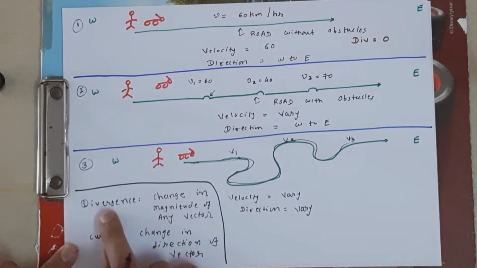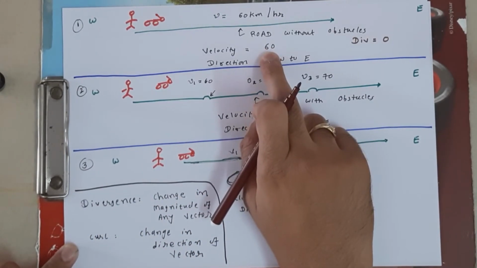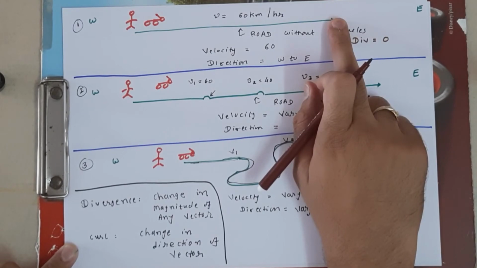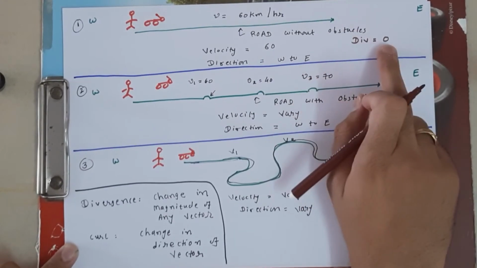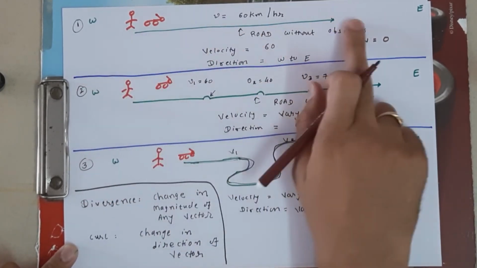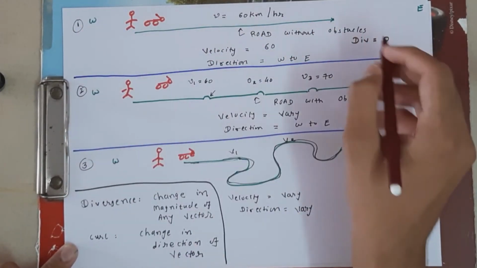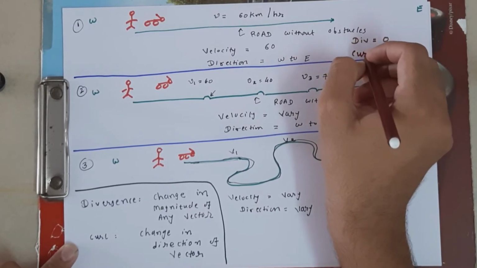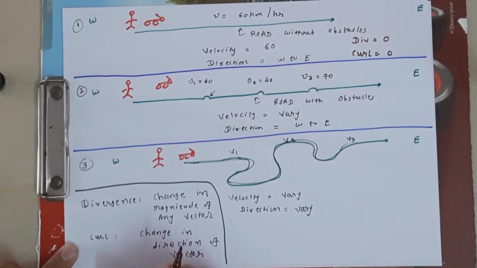Divergence means change in magnitude. Here the magnitude does not change, it remains fixed throughout the journey, so that is why the divergence is 0. What about the direction? Throughout the journey the direction is also fixed from west to east, so that is why curl is also 0 for the first case.